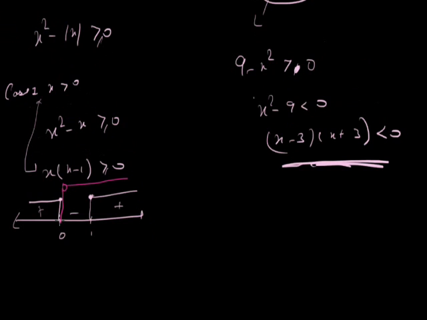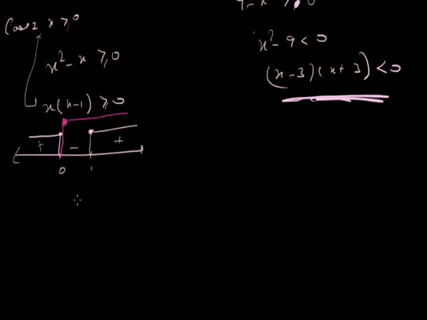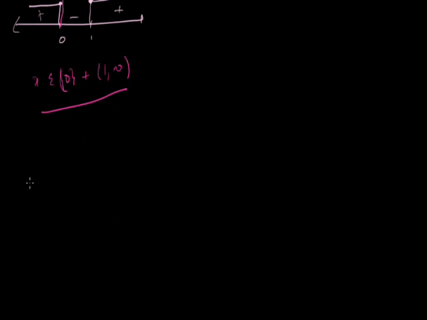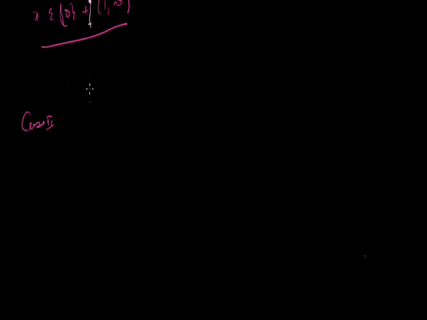Therefore, taking the intersection, x belongs to {0} and [1, infinity). Right? We'll get the case here. Now second case, case 2, when x is less than 0.